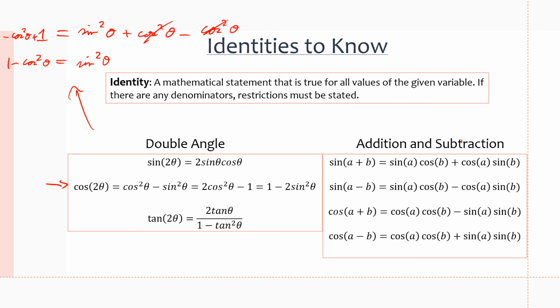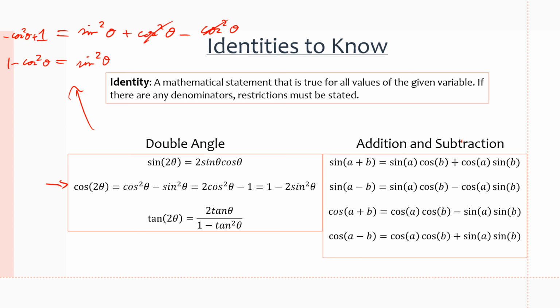And if we move on to the cosine, we have cosine of A plus B. It's going to give us cosine of A times cosine of B minus sine of A times sine of B, and cosine of A minus B will equal cosine of A times cosine of B plus sine of A times sine of B.